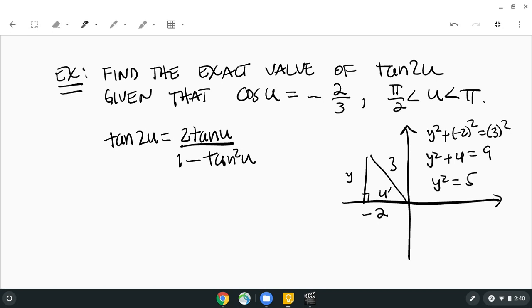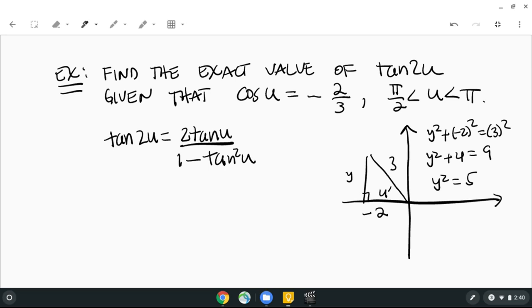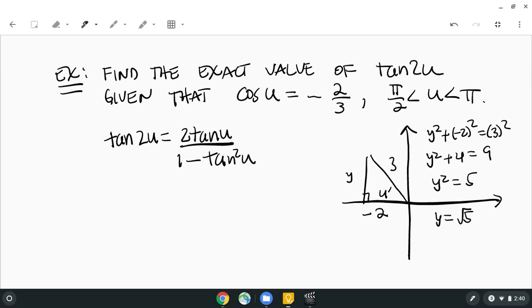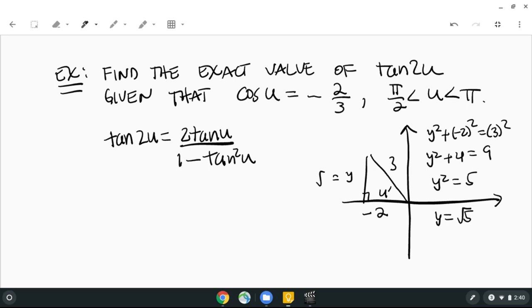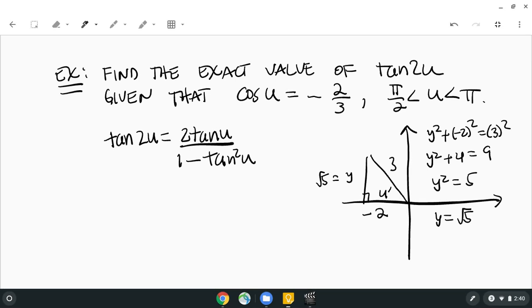Okay, so y equals square root of 5. All right, so then now I know what tangent is. Okay, we know tangent is opposite over adjacent, so that's going to be square root 5 over negative 2.